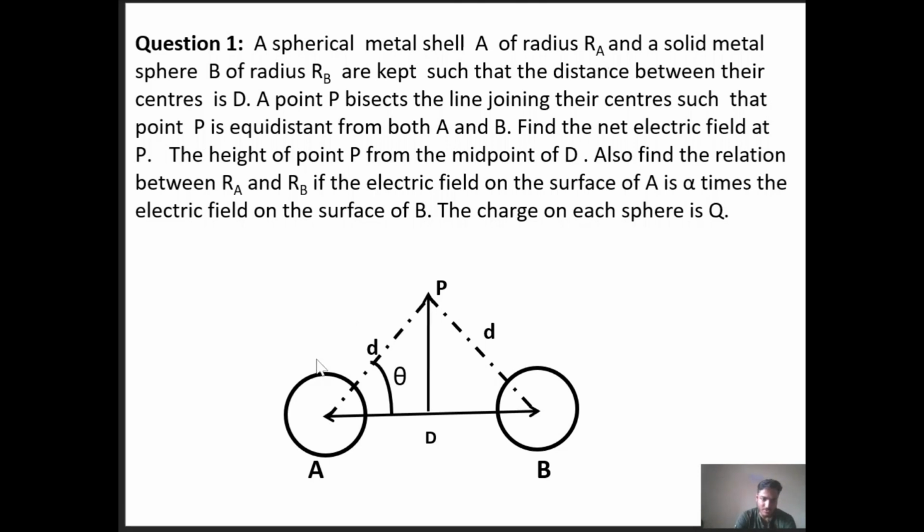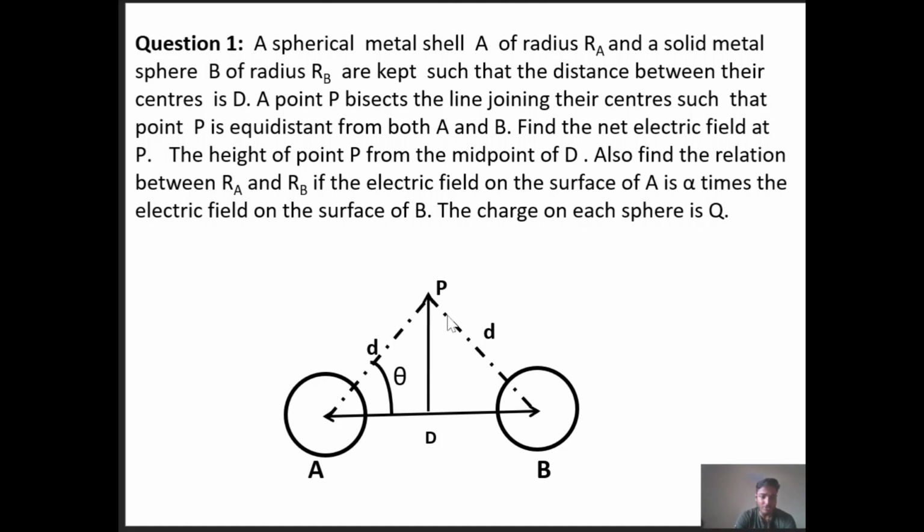Now we have two spheres, here the sphere A and here the sphere B. The distance between the centers of these spheres is capital D. Here we have a point P which is bisecting the line joining their centers. This point P is at a distance small d from both the centers, and the line joining the center and point P is making an angle theta with the horizontal.